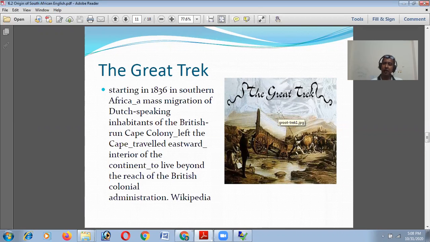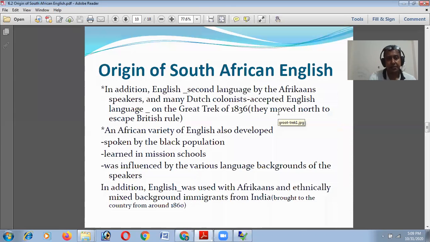They wanted to avoid British administration. So many people left at the time of the Great Trek. An African variety of English also developed, spoken by the black population, learned in mission schools, and influenced by the various language backgrounds of the speakers.